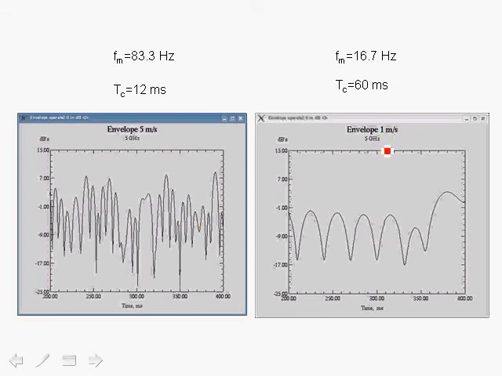In the case that we're moving at a pedestrian speed of 1 meter per second, we'll note that the coherence time is 60 milliseconds, so the channel doesn't change over a time period of around 60 milliseconds. So in this case, we can afford to send larger packets, whereas in the case where the vehicle speed was 5 meters per second, we have to use packets with shorter length.